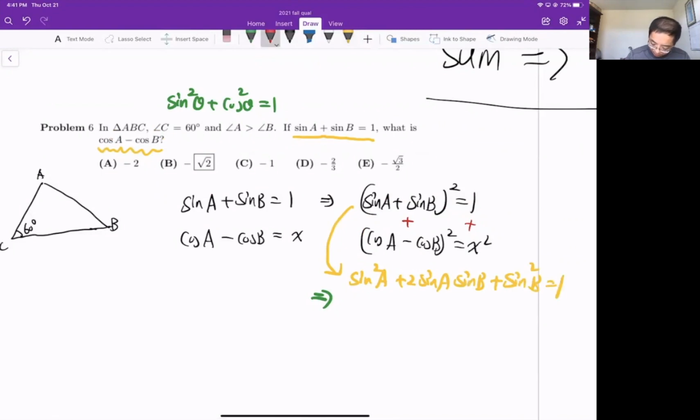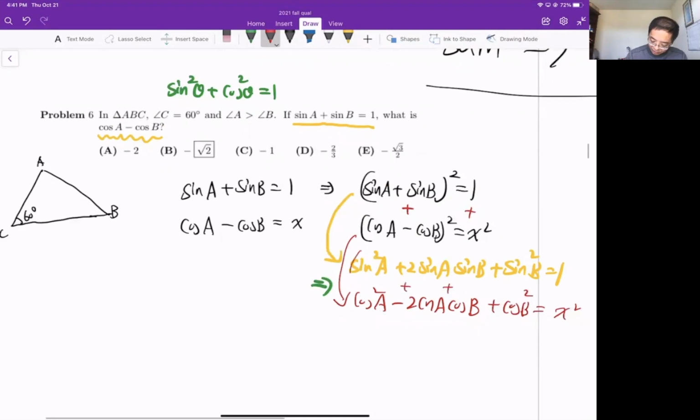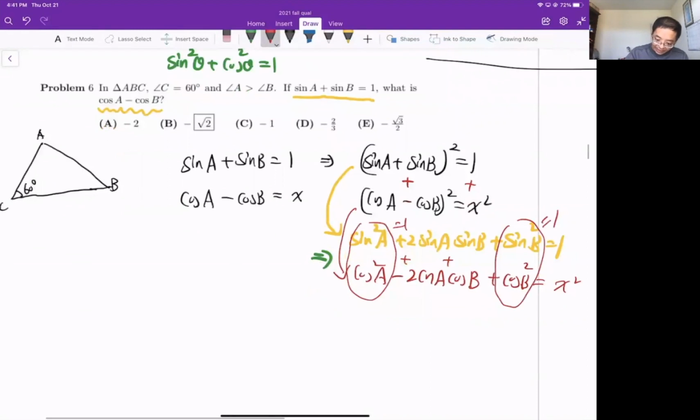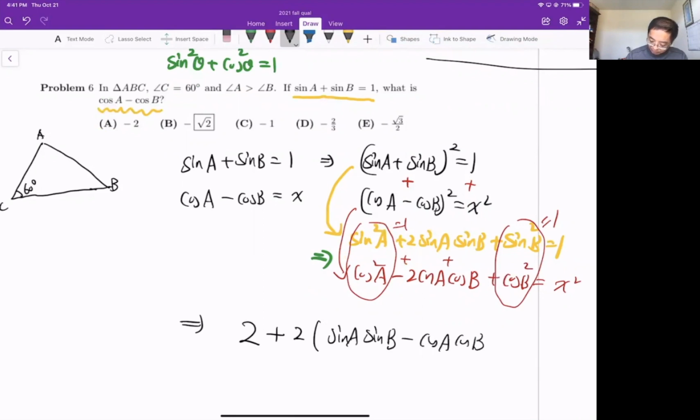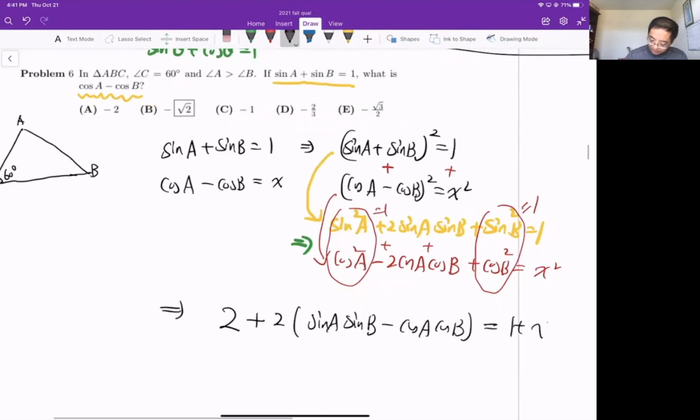The next gives cosine A squared minus twice cosine A cosine B plus cosine B squared equals X squared. When we sum them up, sine A squared plus cosine A squared is 1, and sine B squared plus cosine B squared is also 1. This gives 2 plus 2 times sine A sine B minus cosine A cosine B equals 1 plus X squared.